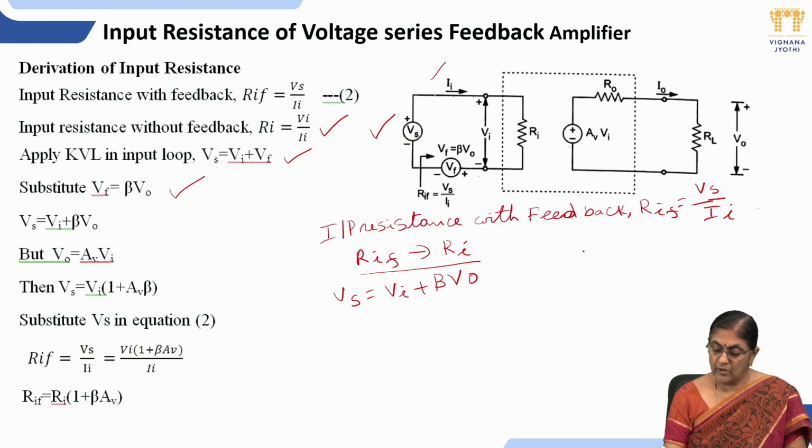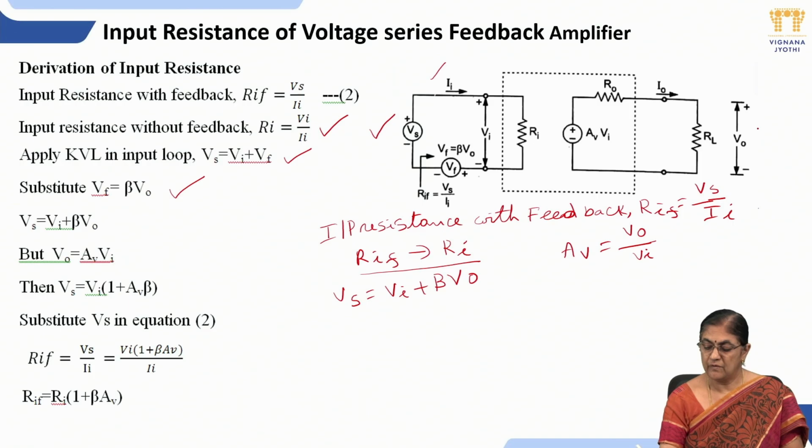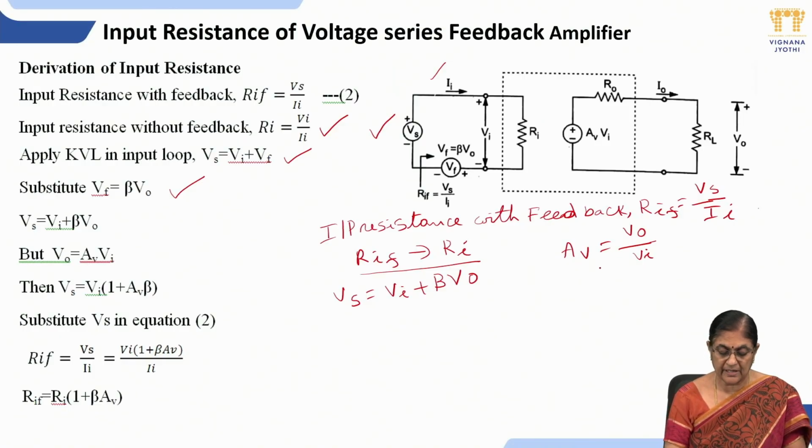Okay. But what is AV? AV is voltage gain without feedback, that is ratio of output of the voltage amplifier to that of input of voltage amplifier. V0 is output voltage of the voltage amplifier. Vi is input voltage of the voltage amplifier. So from this expression, what did you get?